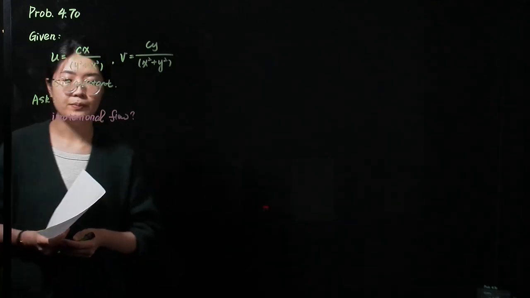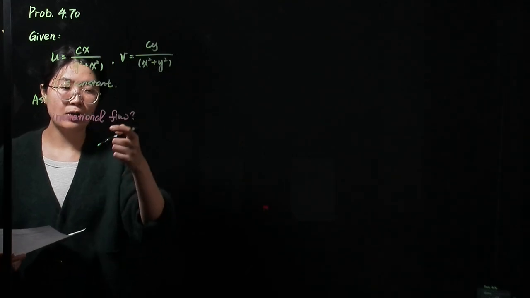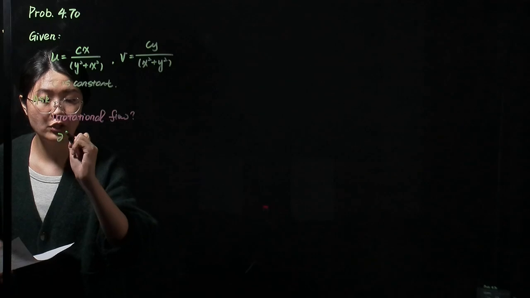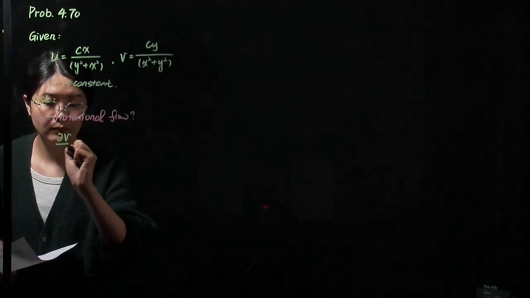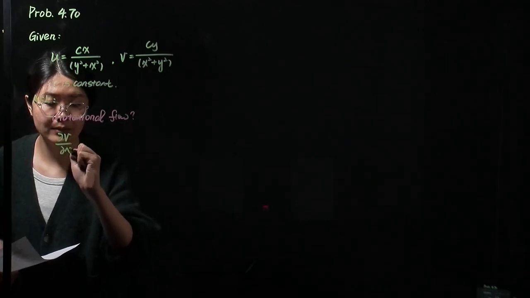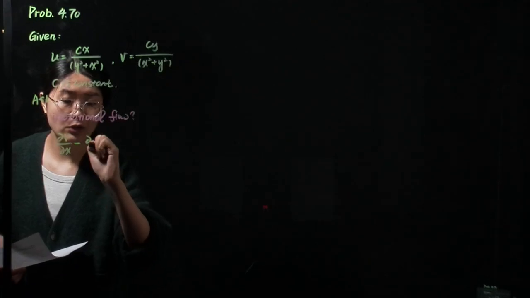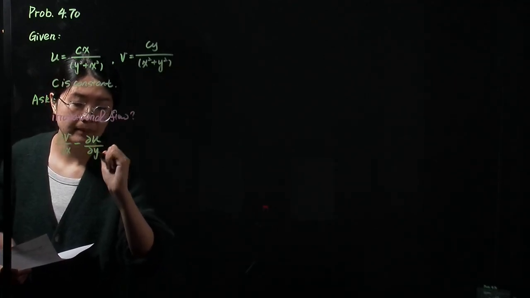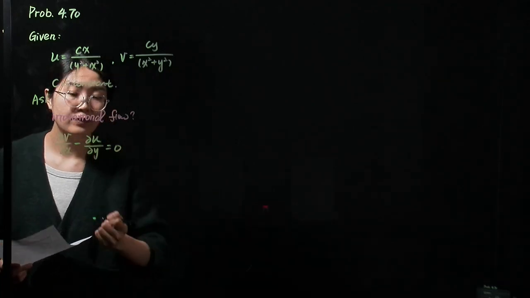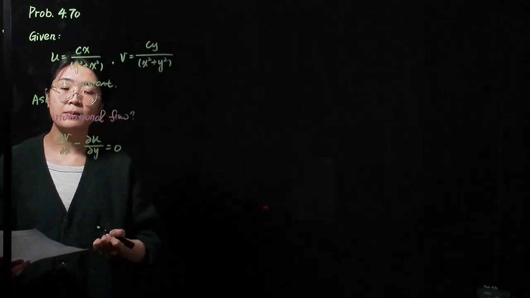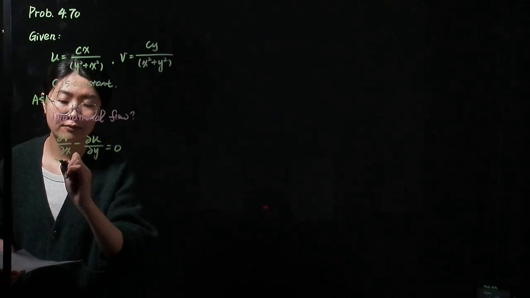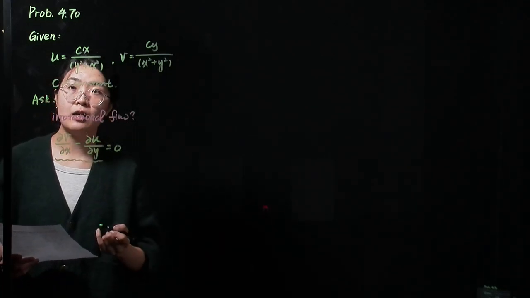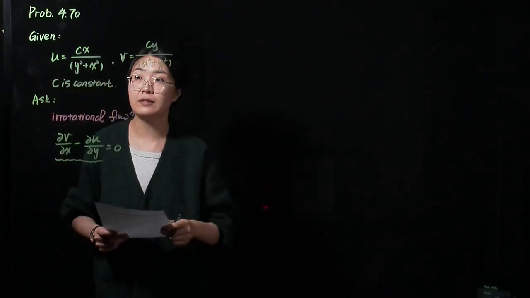Based on the definition, the partial derivative of v with respect to x minus the partial derivative of u with respect to y should equal 0. So this problem asks us to determine the value of this expression and compare it with 0 to determine if the flow is rotational or not.